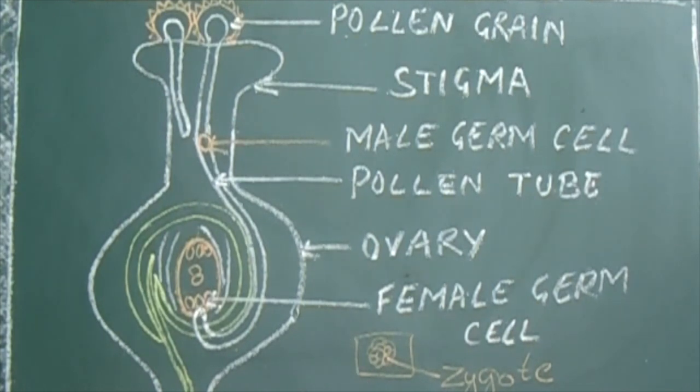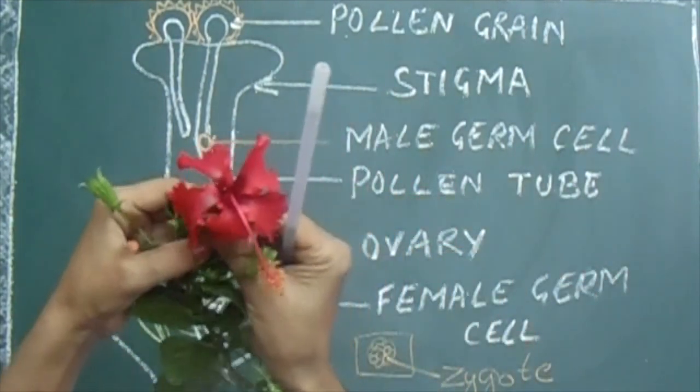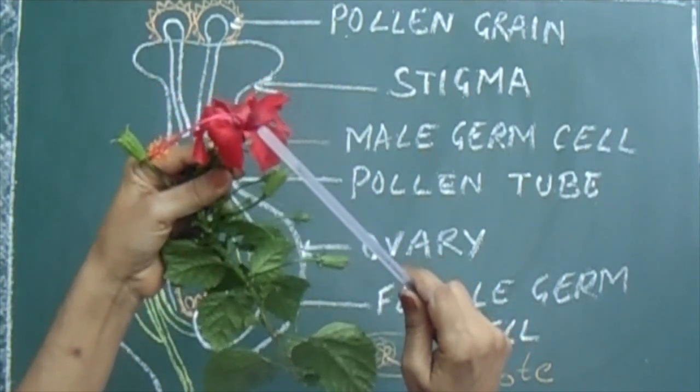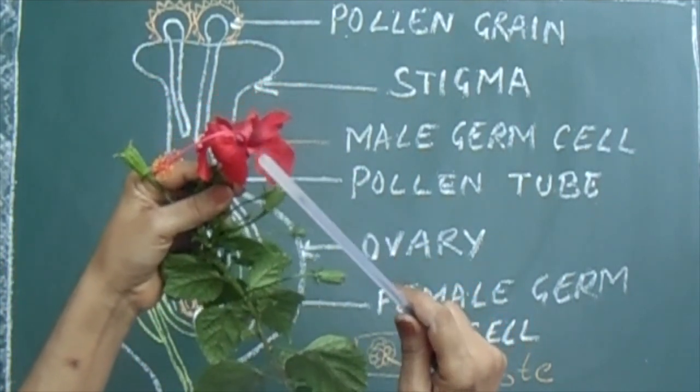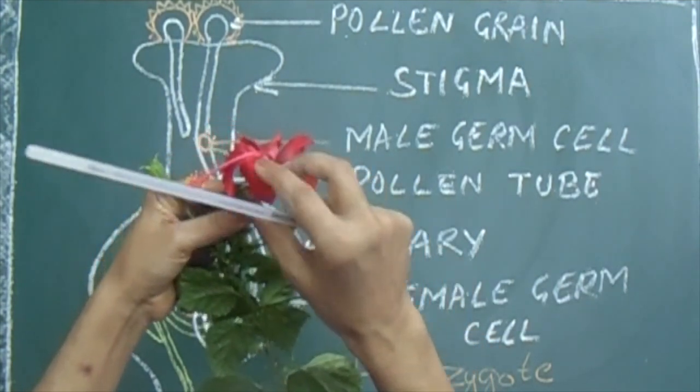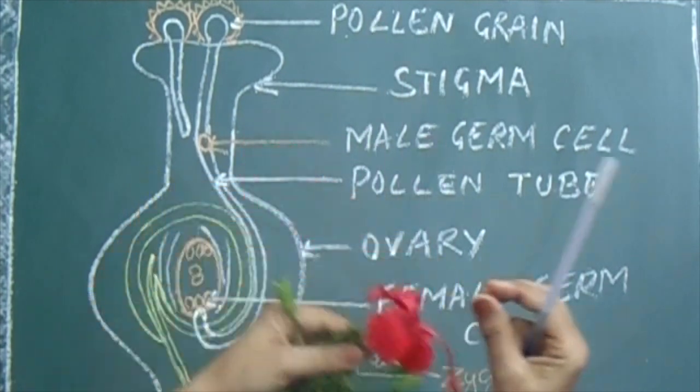The ovary grows rapidly and ripens to form a fruit. After fertilization, the ovary will ripen to fruits, and in the meanwhile, all the parts of the flower, the sepals, petals, stamen, style, stigma, shrivel and then fall off.